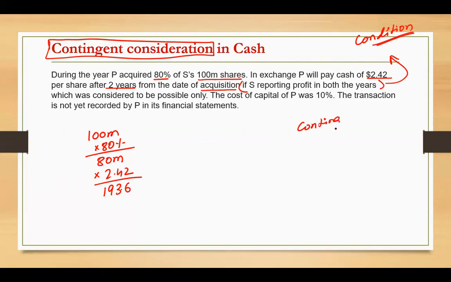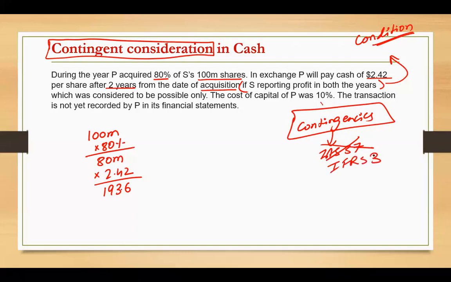Now, normally the contingencies are accounted for in IAS 37, but IAS 37 does not apply in case of IFRS 3. So in case of consolidation, we are not going to apply IAS 37 onto that. So the question says, which was considered to be possible only.